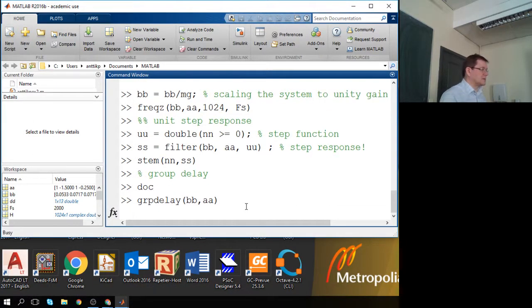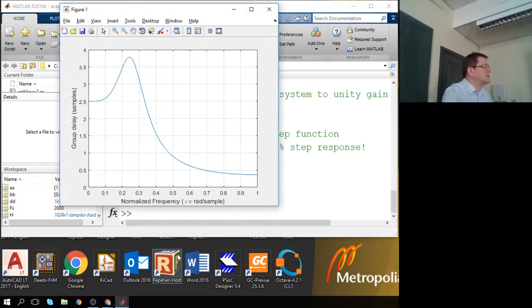I hope it actually gives me the plot. It probably does. Yes. So this is the group delay. On the horizontal axis is the normalized frequency, x times pi radians per sample. So here's the 0, and here is the Nyquist rate, Fs/2. This is directly group delay in samples.